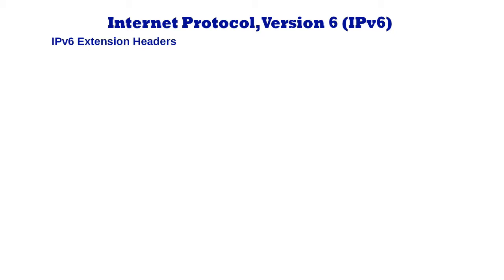In IPv6, optional internet layer information is encoded in separate headers that may be placed between the IPv6 header and the upper layer header in a packet. There are a small number of such extension headers, each identified by a distinct next header value.